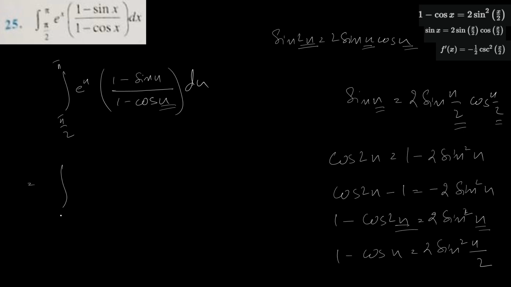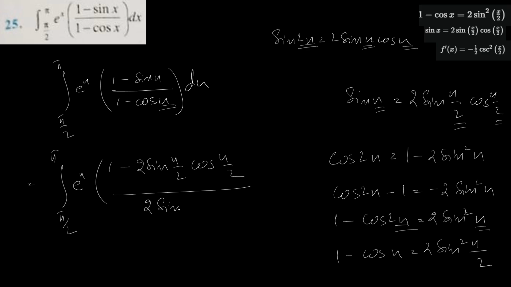So this will be the integration from pi by 2 to pi of e to the power x, with the numerator 1 minus 2 sine x by 2 cos x by 2, divided by 1 minus cos x, which is 2 sine square x by 2, dx.